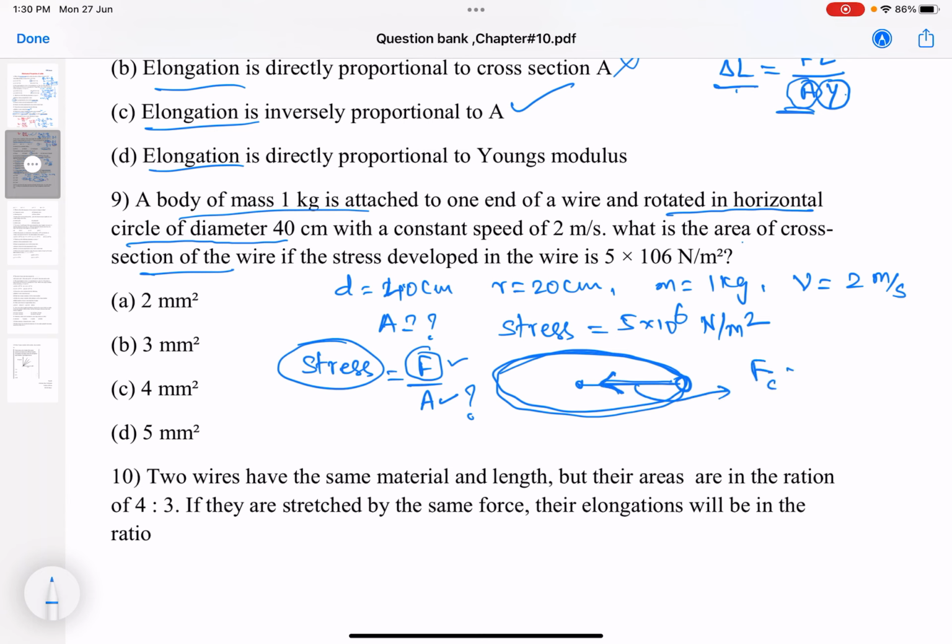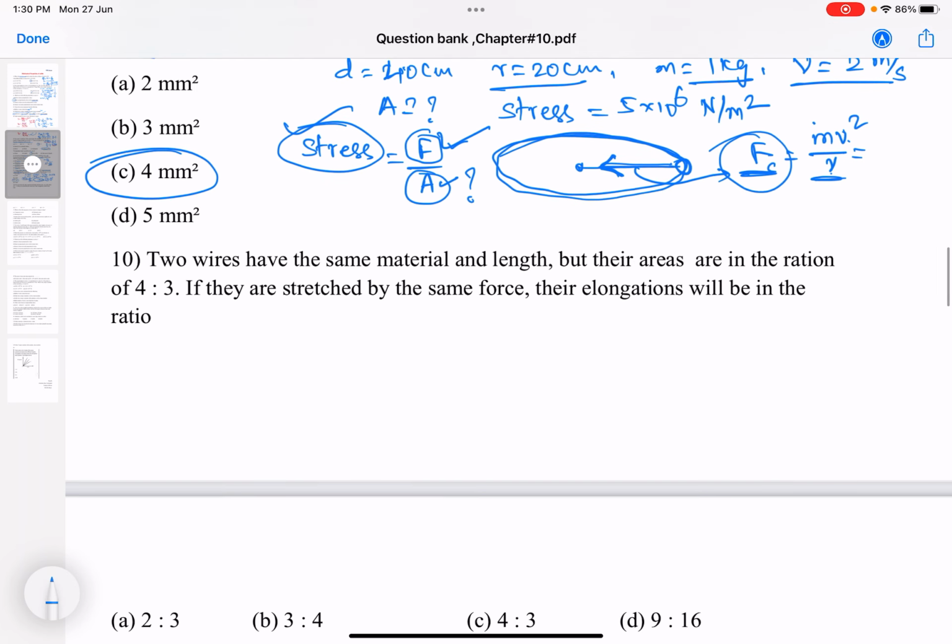Okay, find out the force value by using mv square by r. M is given as 1 kg, v is given as 2 meter per second, r is given as 20 centimeters, that is equal to 0.2 meters. So find the force first. If you know the force and stress, you can find out the area. It will turn out as 4 millimeter square.